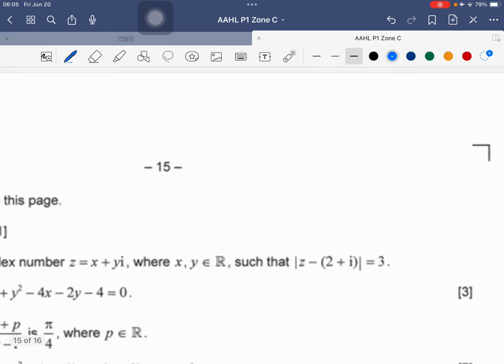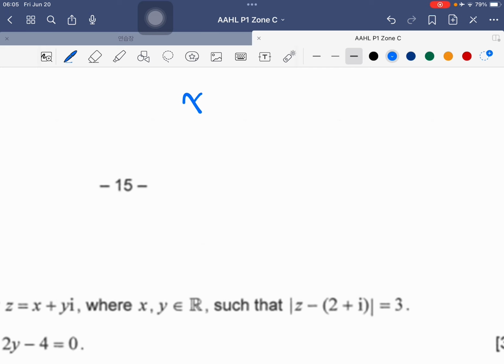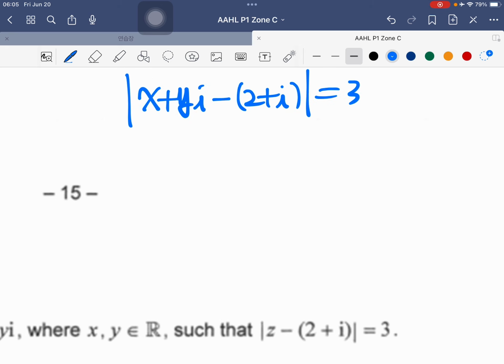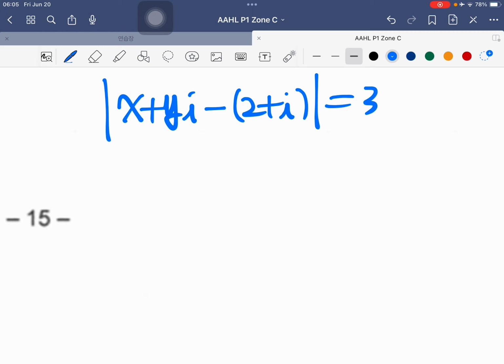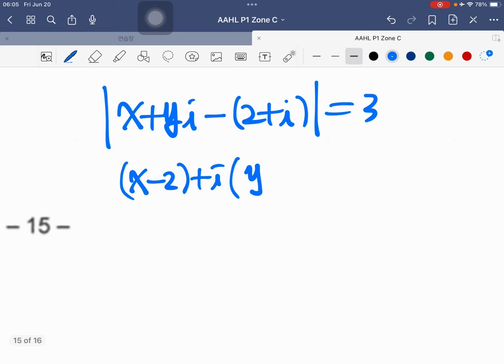So we got x plus yi minus (2 plus i), and the modulus of this is 3. We make it simple inside the absolute value, putting the real part together. The real part will be x minus 2, and plus i times the imaginary part, which is y minus 1, and the modulus of this is 3.